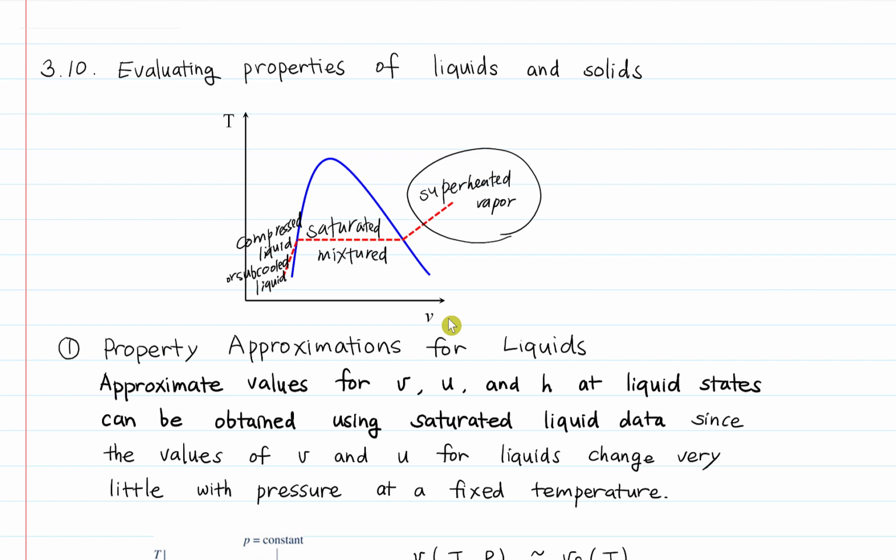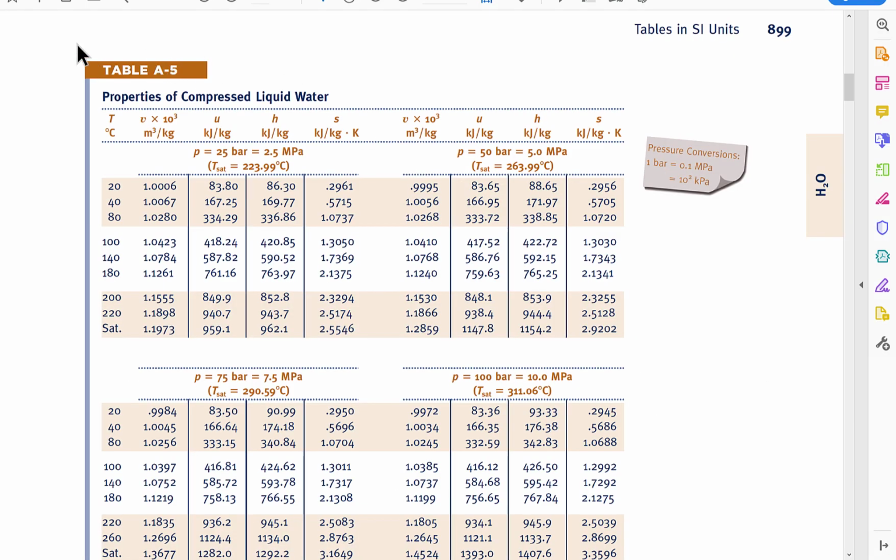Thermodynamic tables for compressed liquid water are in Table A-5. Table A-5 shows the properties of compressed liquid water at various pressures, such as 2.5 megapascal, and temperature is in the first column, with saturation temperature.